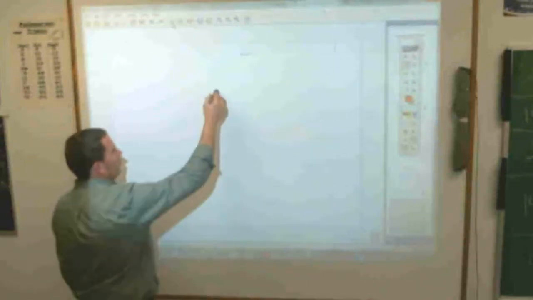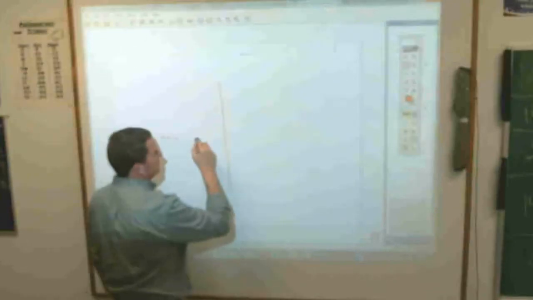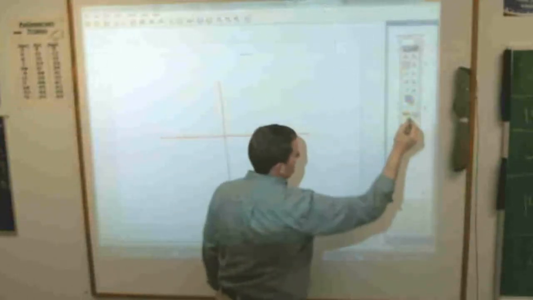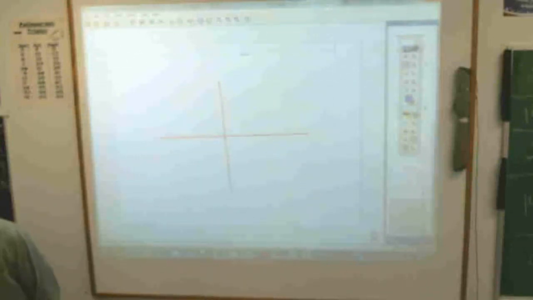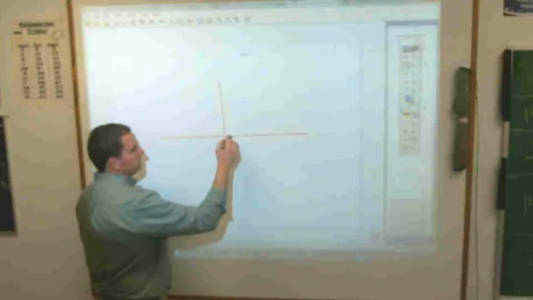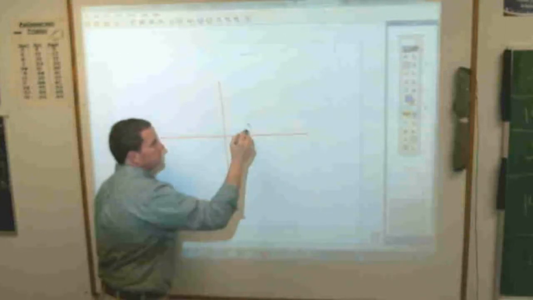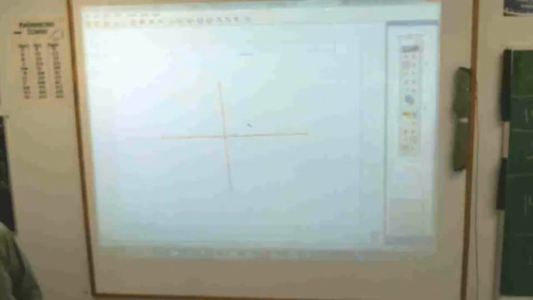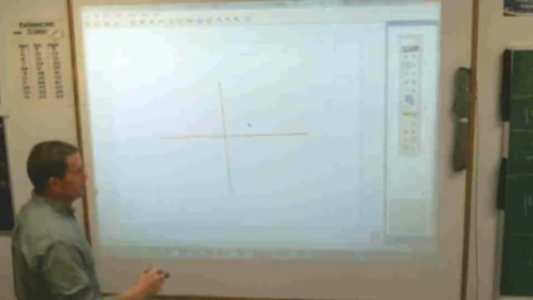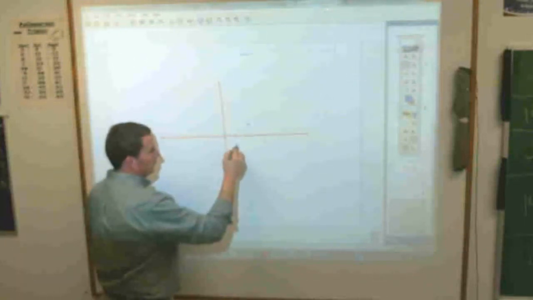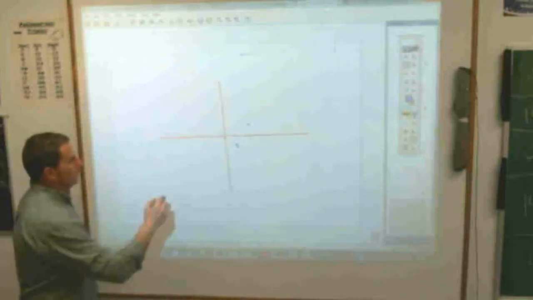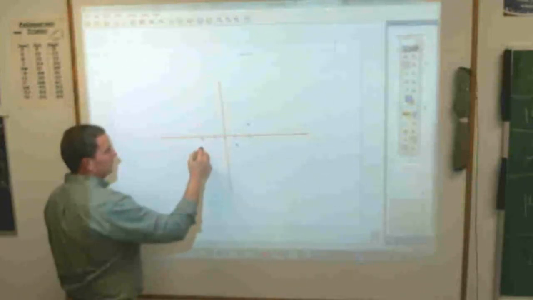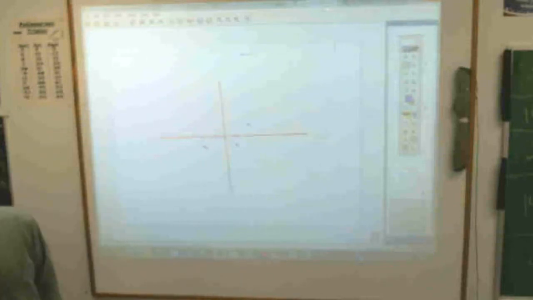So please note, when you are asked to graph a parallelogram and find its area, for example there, 2 comma 1, 2 comma 1, 1 negative 1, negative 2 negative 1, and the other one is negative 1 positive 1.